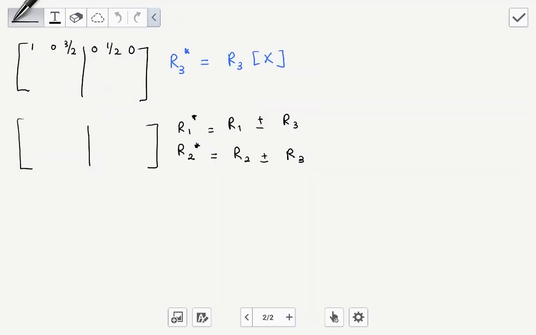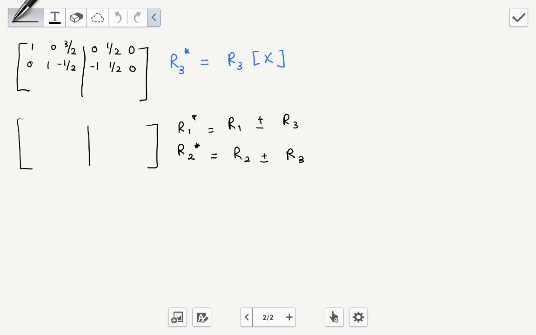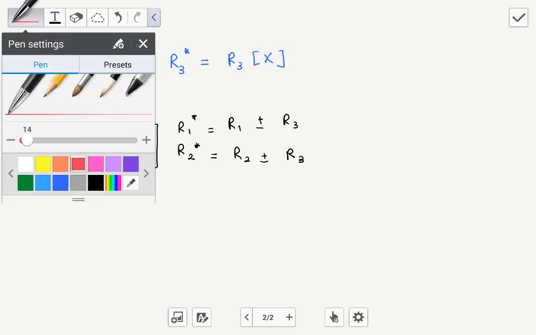Okay, we did operation on row 3. So the new R3 is 0, 0, negative half, 1, negative half, 1. Okay. So notice that we have completed our column 2.